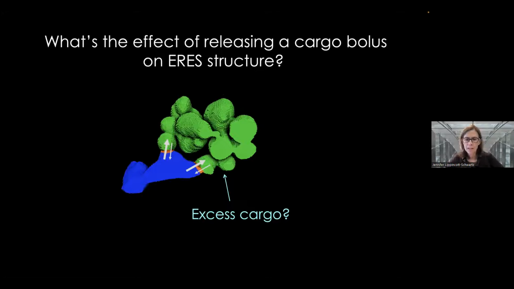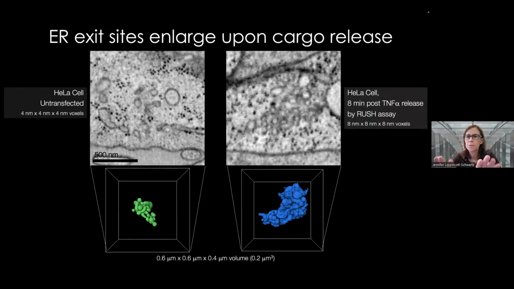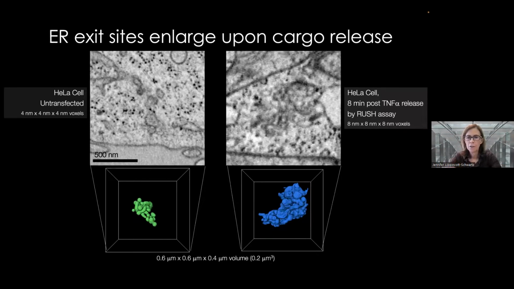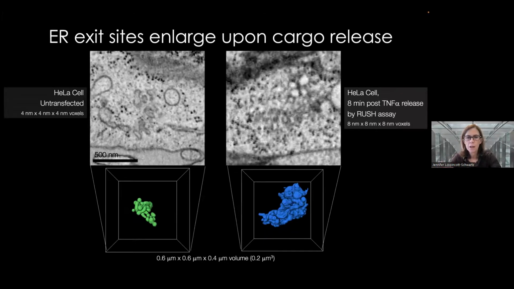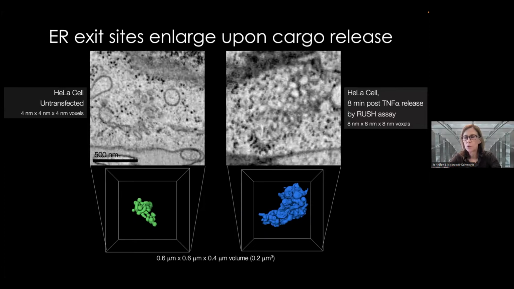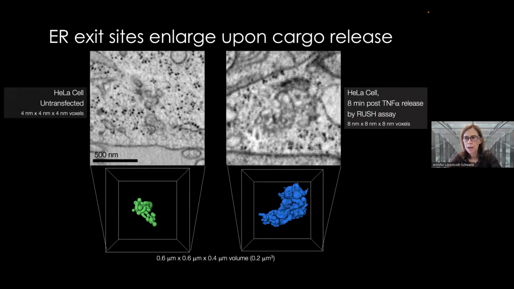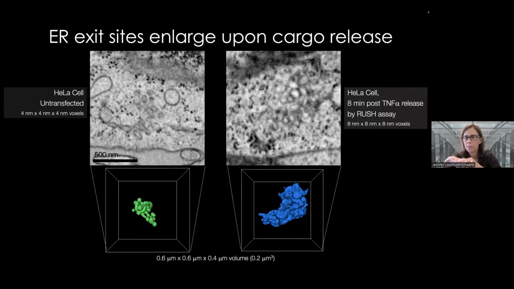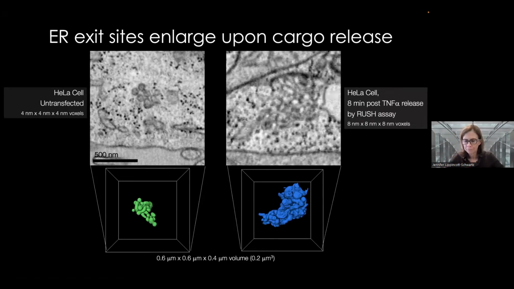And so basically what we find, and this is FIB-SEM data sets from either a control untransfected cell to the left of an ER exit site shown at the bottom, or of the same cell that we've transfected with TNF alpha, which is a cargo protein, and we've released into the secretory pathway using an assay called RUSH, developed by Frank Perez at the Curie.